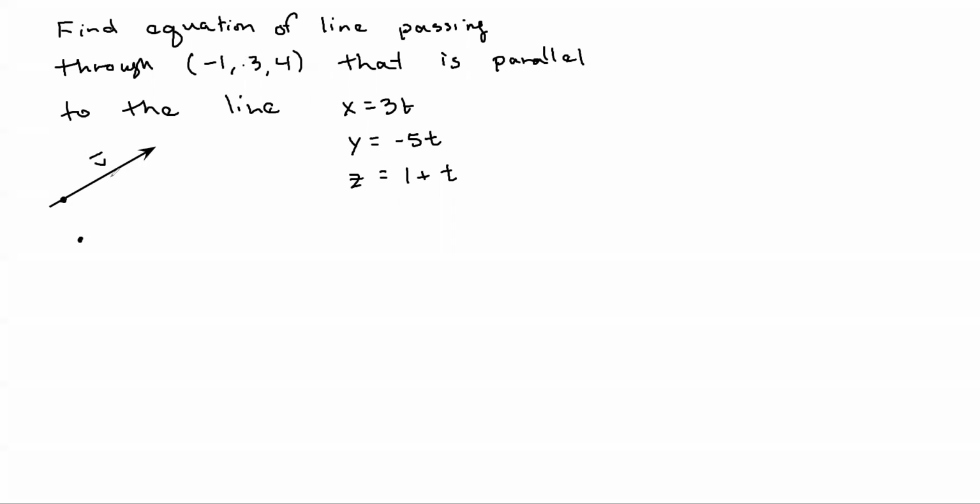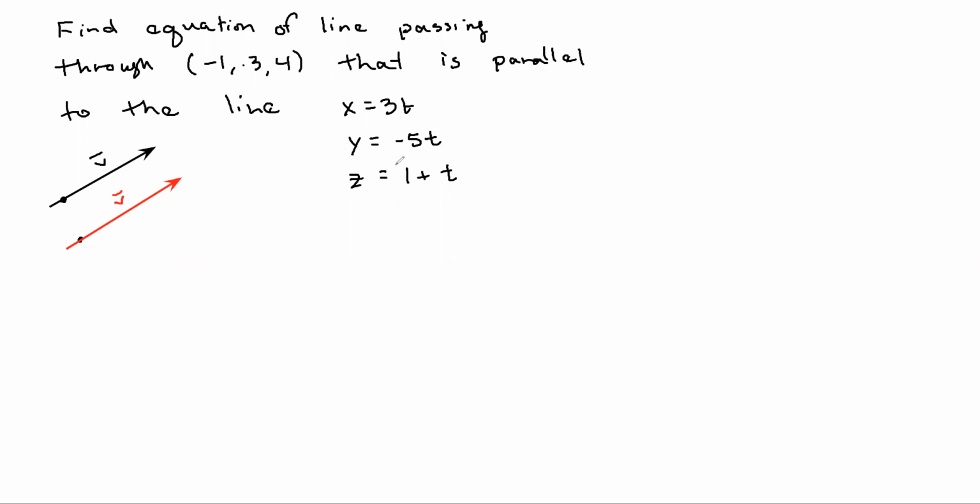The way you do that is you just use the direction vector of the line that we're parallel to. They gave us this line, and we want to find the line that's parallel to it. That's what the line is going to look like, and so we can just use V for our new line. So what is the direction vector?